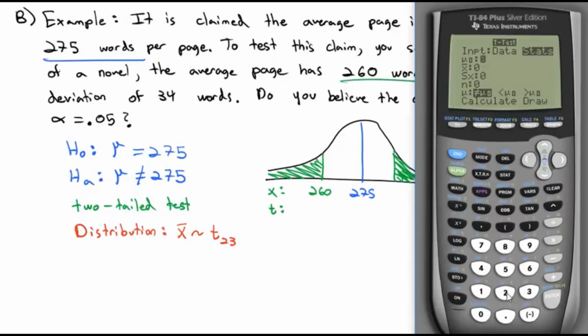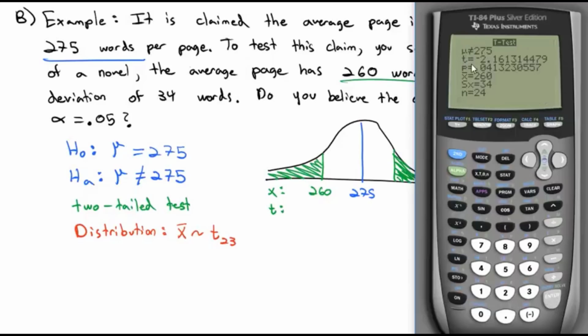Mu sub 0 is the null hypothesis at 275. X bar is the sample mean. Our sample was 260. Sx is the standard deviation of the sample, which was 34. And n, the sample size, was 24. We're going to make sure we highlight the alternate hypothesis symbol, not equal to, and scroll down to calculate.